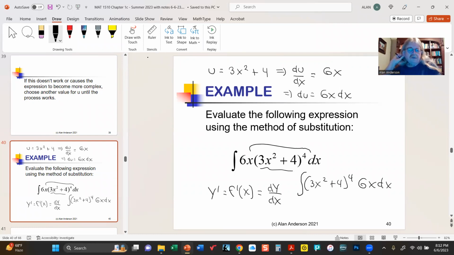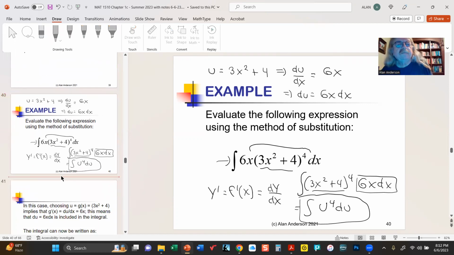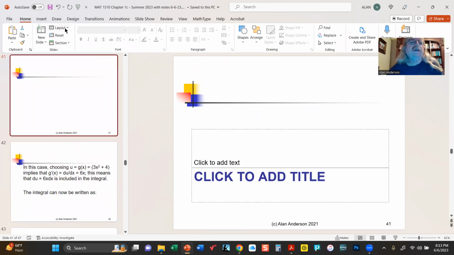And so what you've actually got here, remember, this is u, so you have u to the 4th power, and all of this we defined as du. I think you'll agree that this is far simpler to integrate than this. All we have to do is use the power rule. And so let's see how that works out.